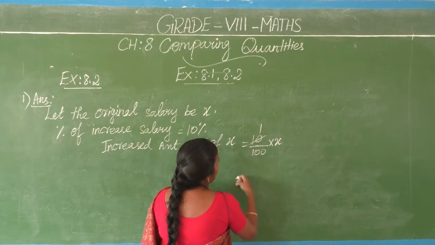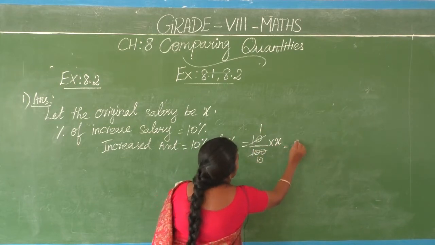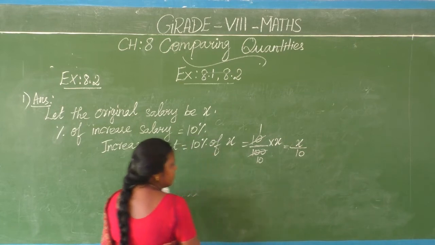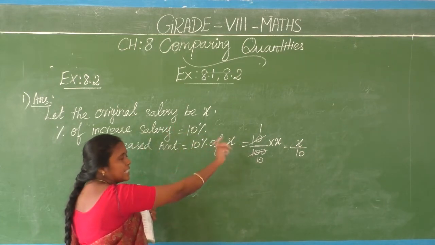If you simplify, 10 tens are 100, so it is X by 10. The increase in the original salary is X by 10.